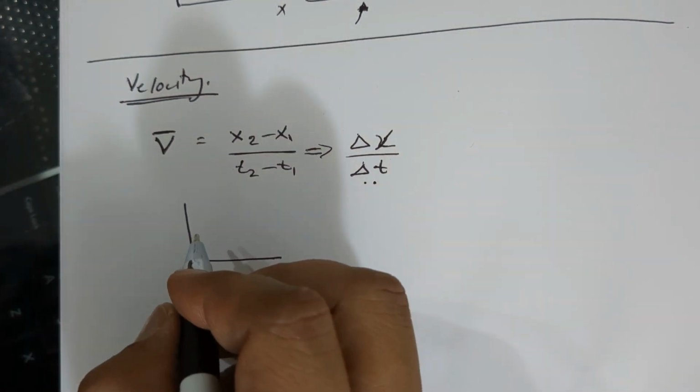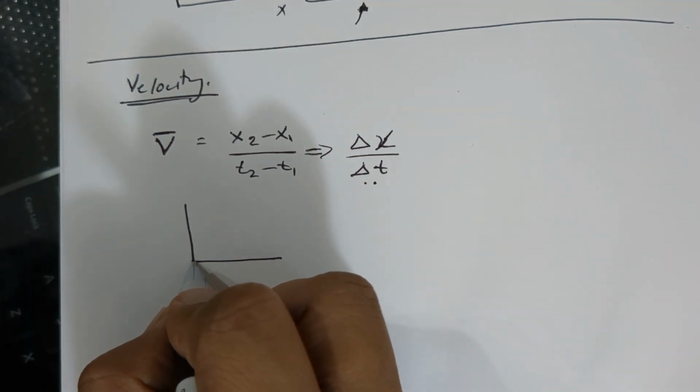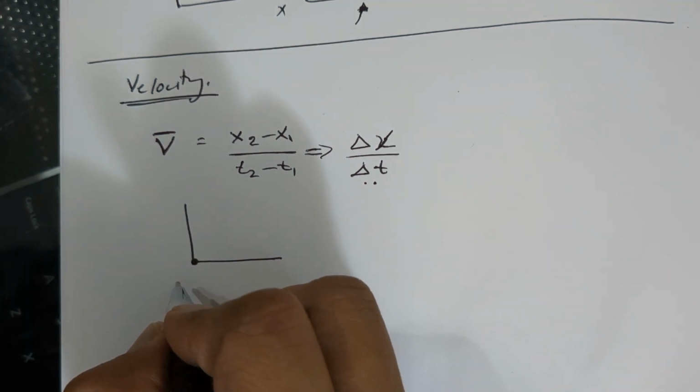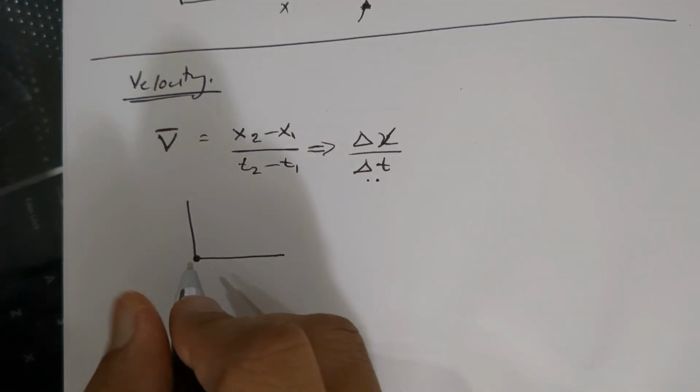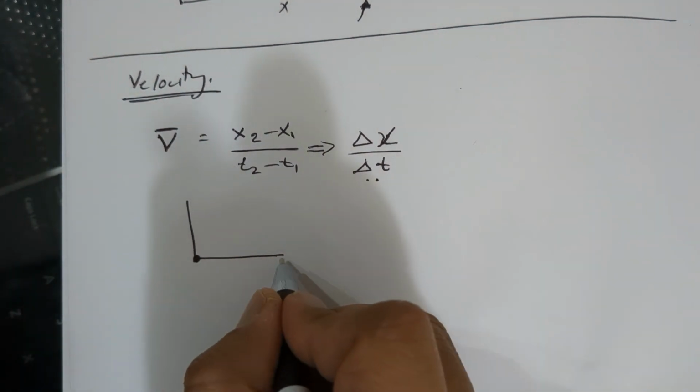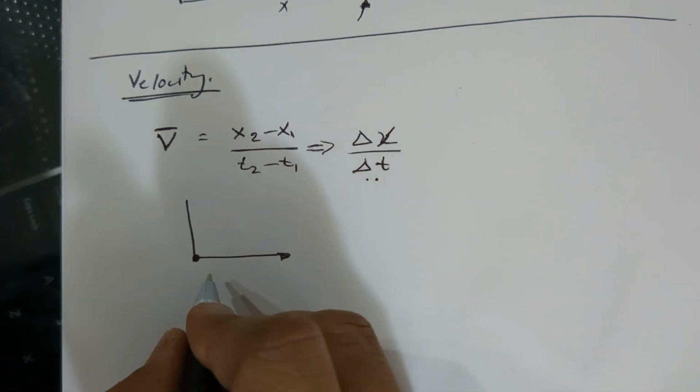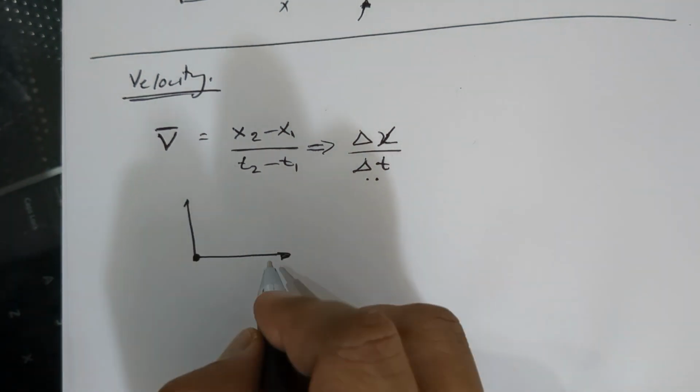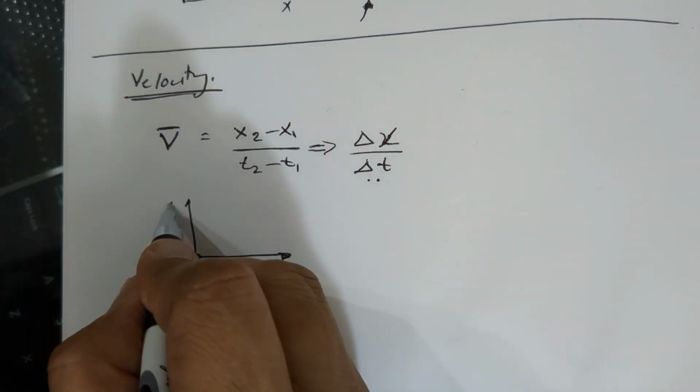If you plot something and you choose the origin, well, let's give it names first. Let's define this: this is t, time, and this is s, distance.